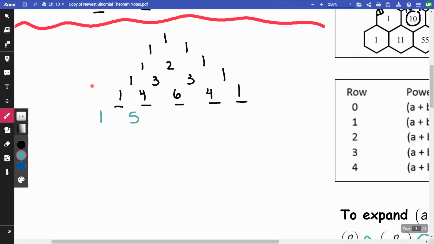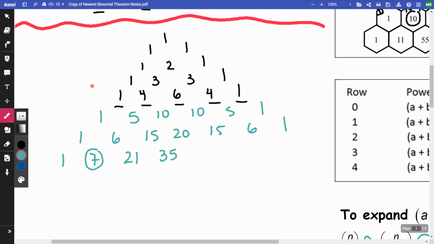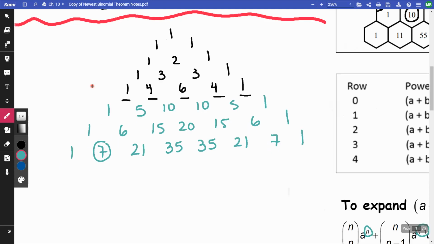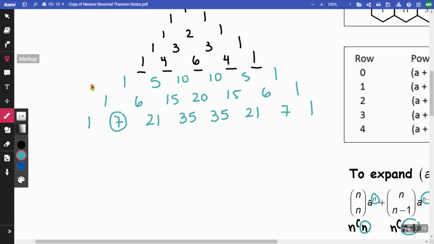This would be 1, 5, 10, 10, 5, 1, then 1, 6, 15, 20, 15, 6, 1, and now this is the one I want, 1, 7, because of that 7, 21, 35, 35, 21, 7, and 1. So that's the row I want.